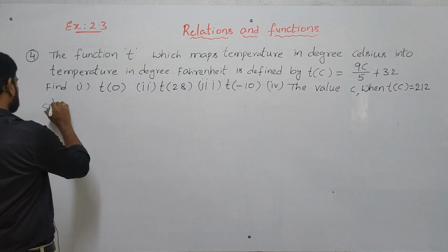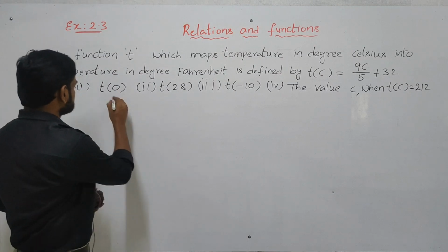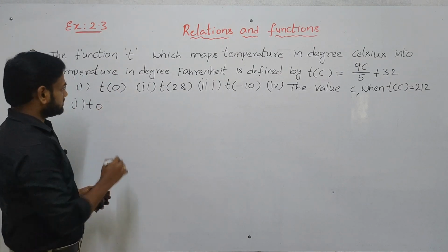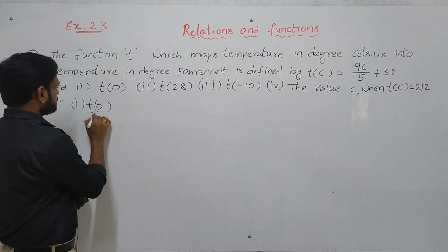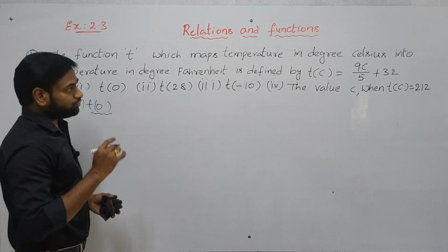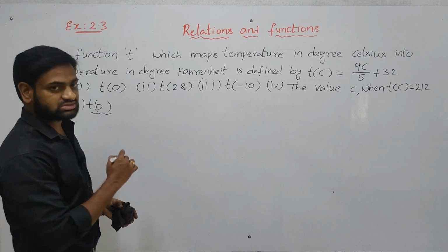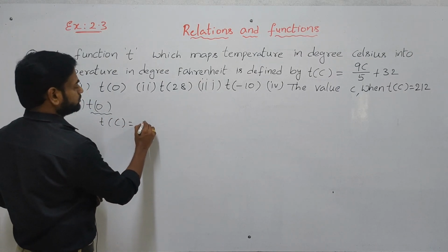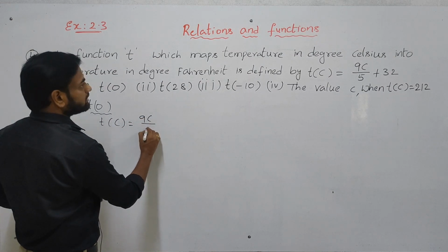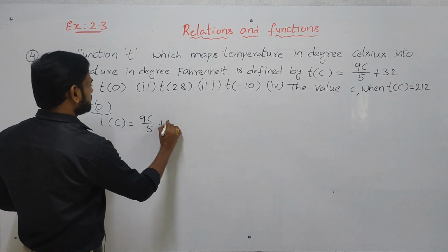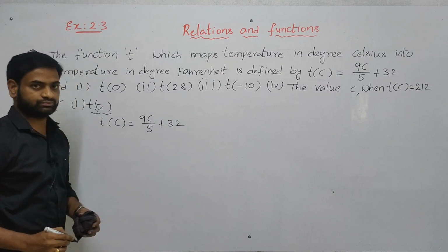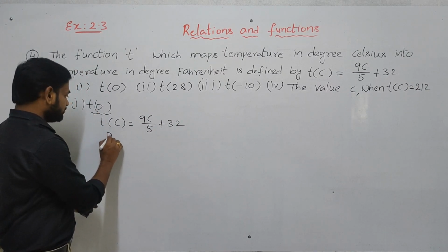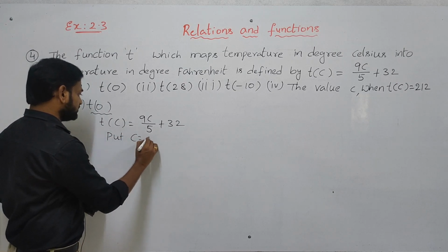Now see here, the first one is t of 0. The first problem is t of 0. We have to find t of 0. Now what is given? t of c is equal to 9c by 5 plus 32. Now what is the c value? Put c equal to 0.